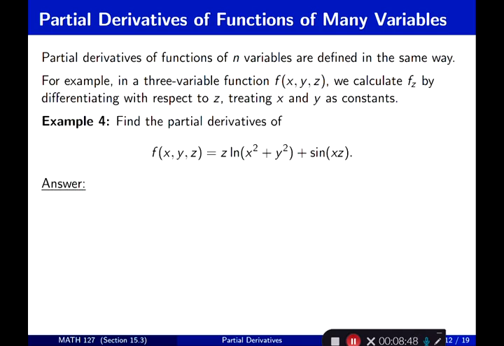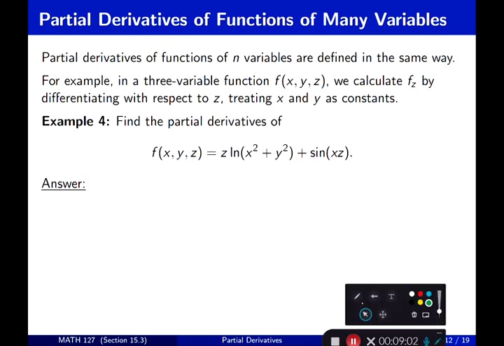Now, find the partial derivatives of f of x, y, z equal to z natural log of x squared plus y squared plus sine of xz.